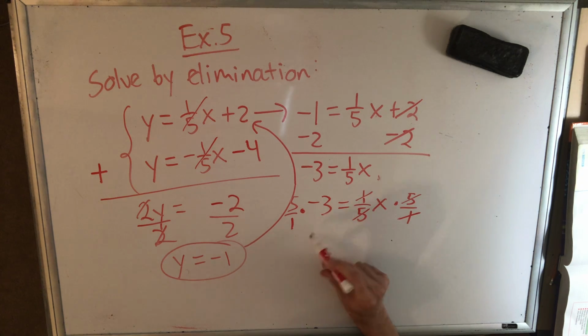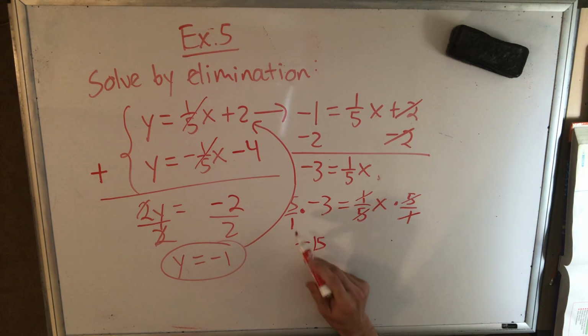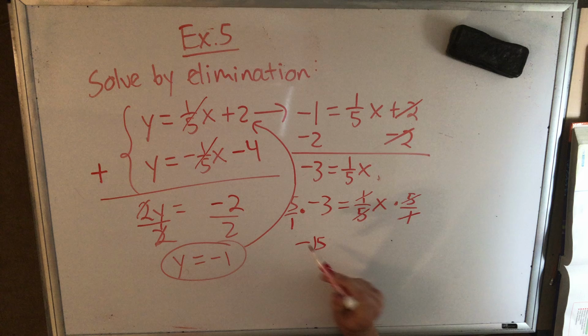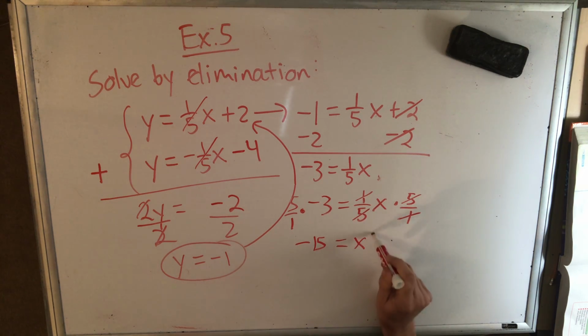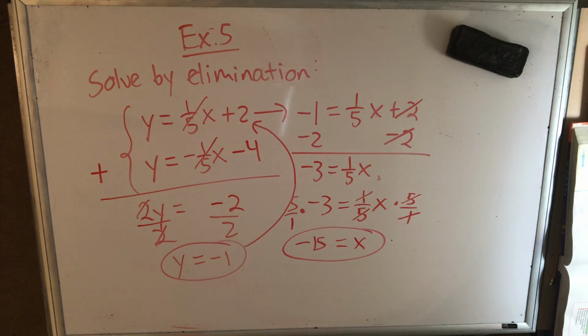And then 5 times negative 3 is negative 15. Dividing by 1 does not affect the value, so ignore that 1. X equals negative 15. And you can check your answer by substituting in negative 1 for y and negative 15 for x in both equations, and they would form true equations in each case, so that's how you can know that we have the correct solution.